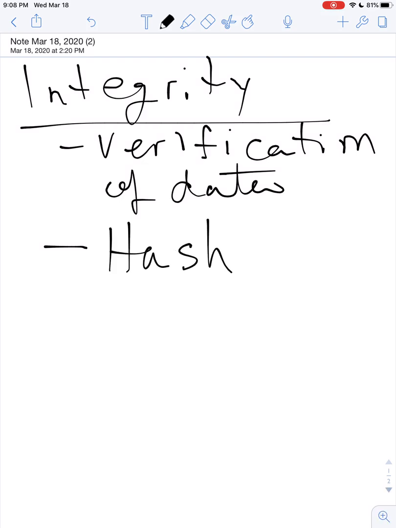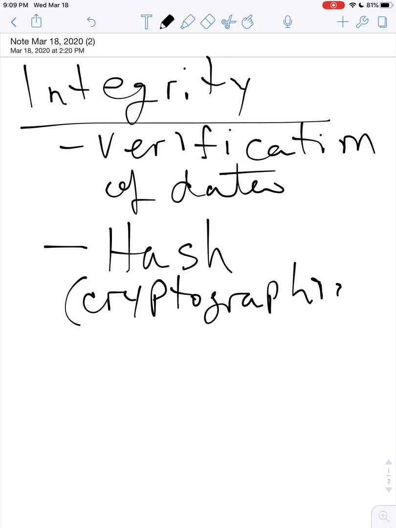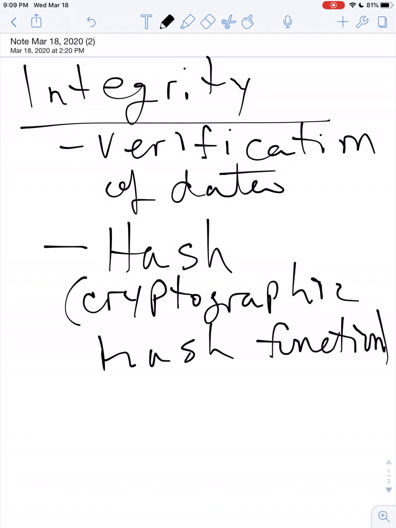Hash is very similar to what we have in layer 2 in our FCS. In this case it's a cryptographic hash function, and we use these for basically file hashes.